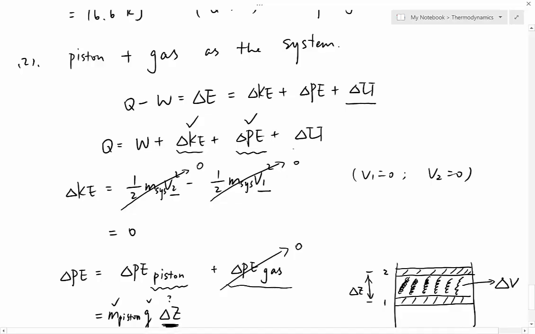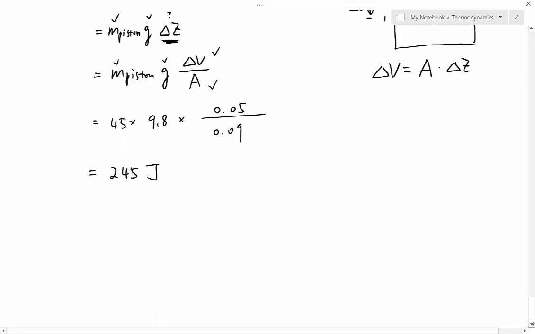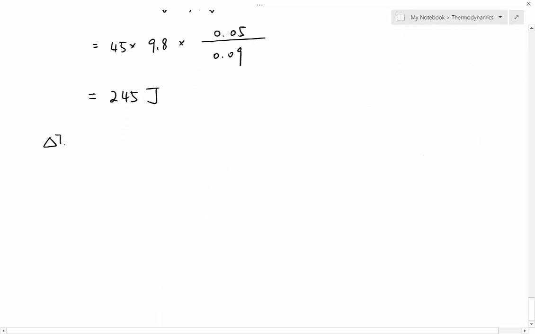Okay, and next let's look for delta U. What is the change of internal energy for my system? And then we do the same thing again. The system has two components. The first one is the piston. The second one is the gas. So delta U from the piston and delta U from the gas.